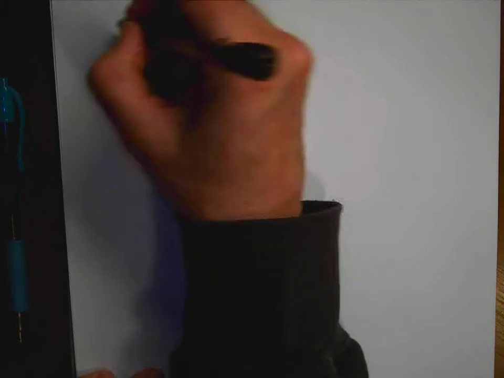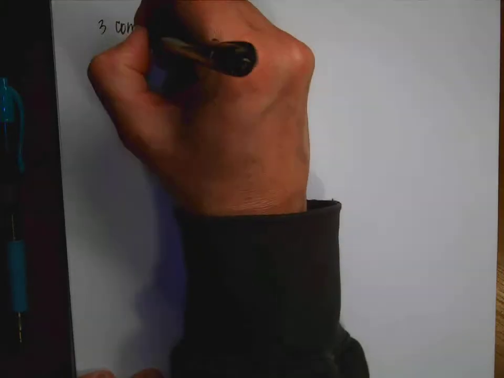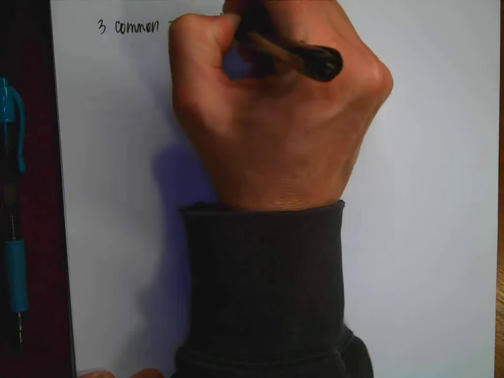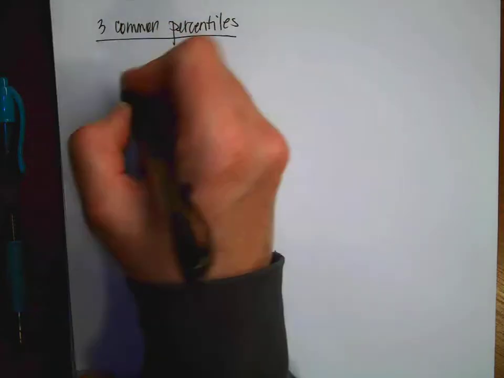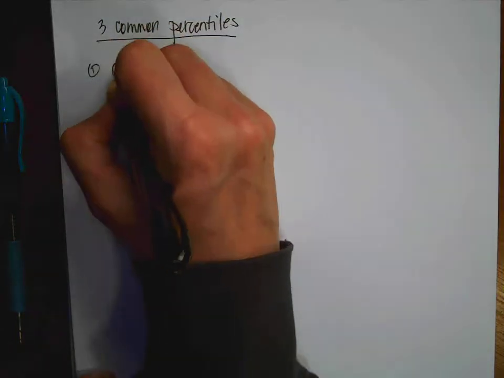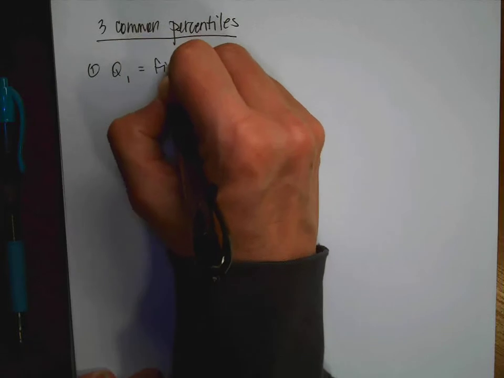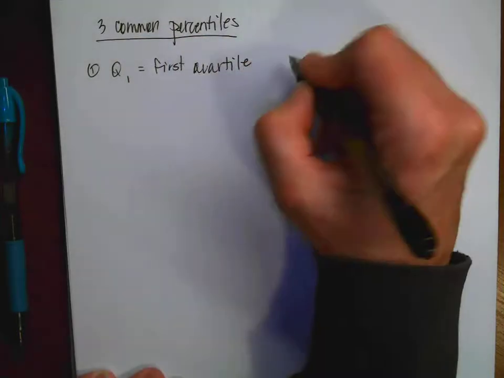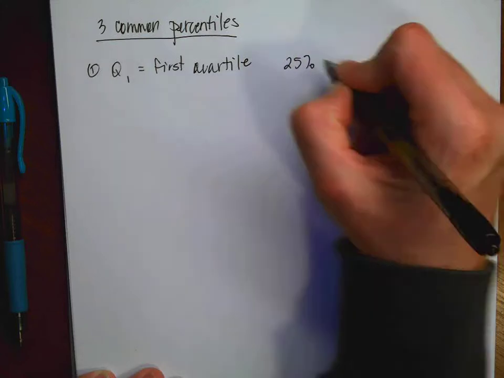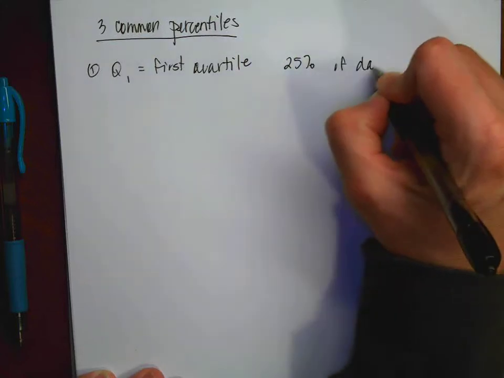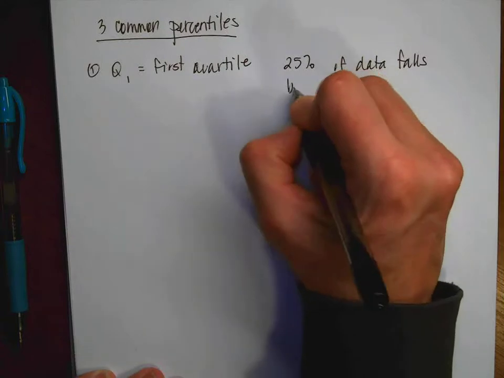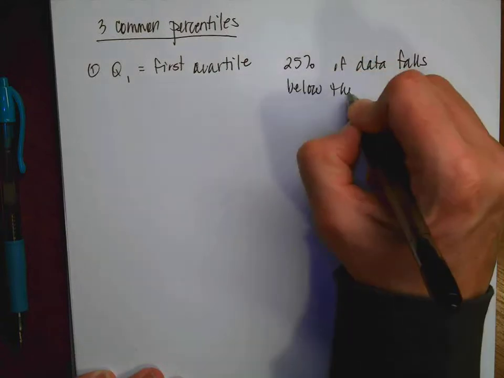All right, so as we talk about percentiles, there are 3 common percentiles. Okay, so the first of those is called Q1, which is the first quartile. And that means that 25% of the data falls below this value.